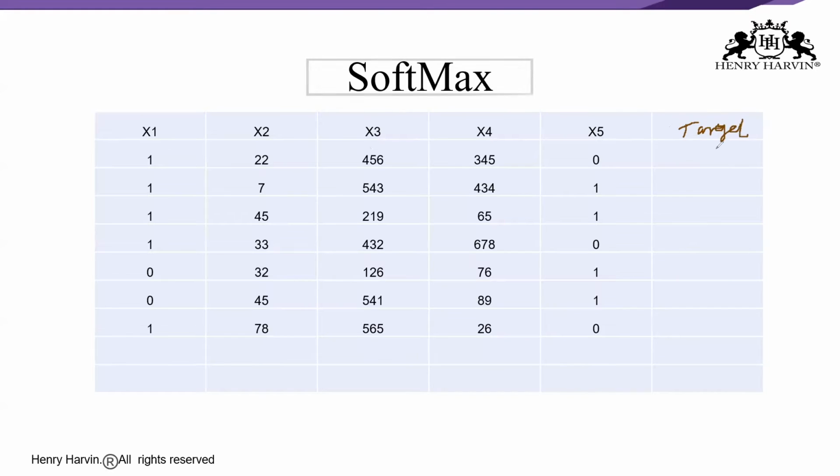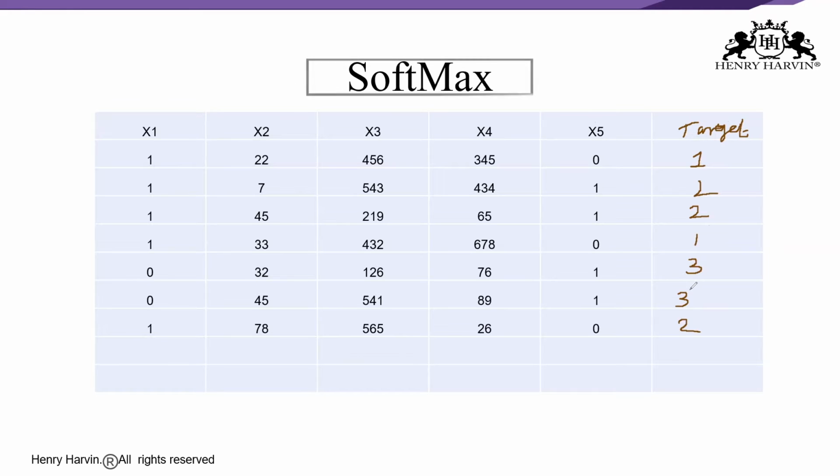This is some class: class 1, class 2, class 2, class 1, class 3, class 3, class 2. I'm just showing you some example. There are 5 input features and an output feature, which is the target variable. There are 5 independent variables and 1 dependent variable with 3 classes: class 1, class 2 and class 3.